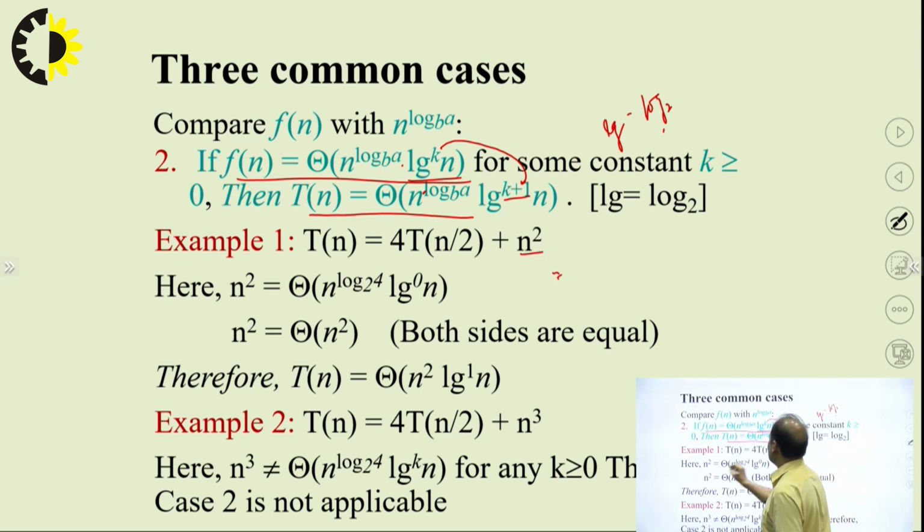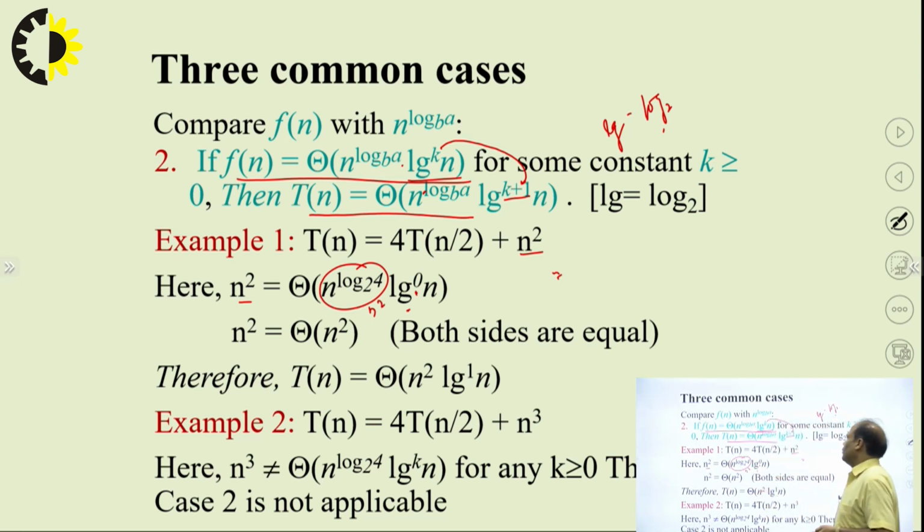So let us have an example. Fn is n square, and a is 4 and b is 2, log 4 base 2. And we can say that this is n square and this is also n square. So k will be equal to 0. So now n square equal to n square. Our k is 0.